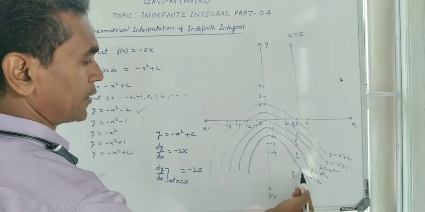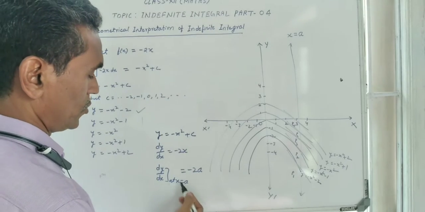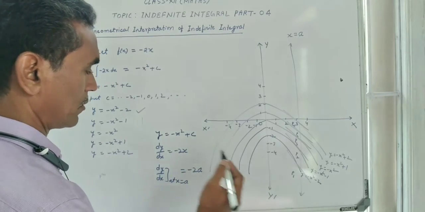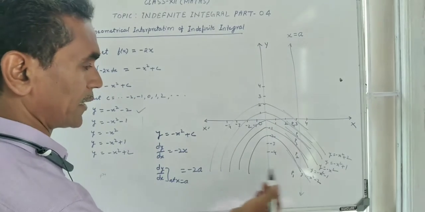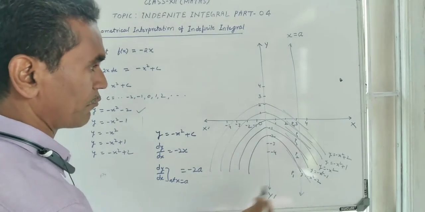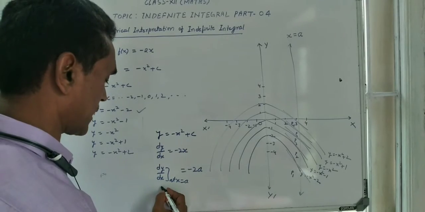So the x coordinate of each point of intersection is the same, that is a. So the derivative of y with respect to x at x equals a is the same for all the curves. It means the slopes of tangents are equal.